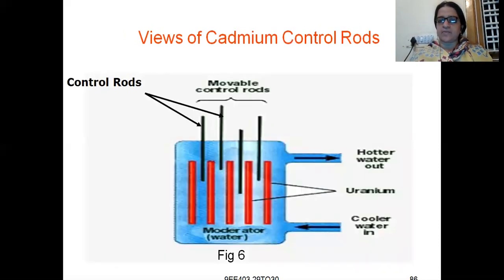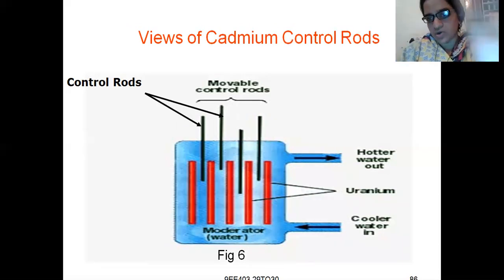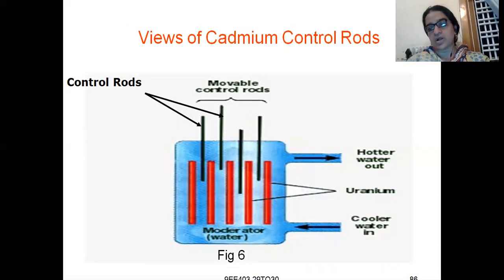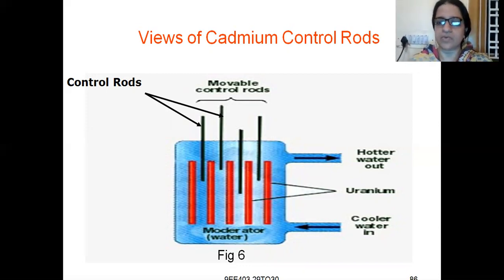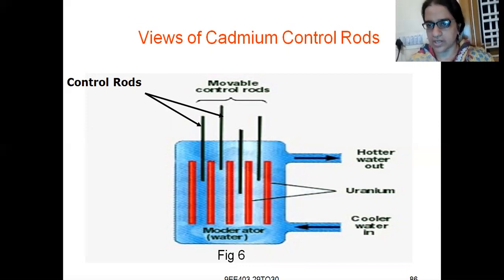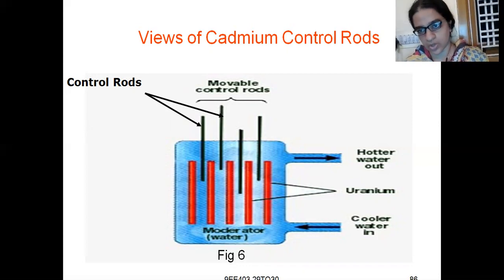This is a view of cadmium control rods. See, I told you that these cadmium control rods will stop the reaction as required. Whenever we want to stop the reaction suddenly, or if we want to slow down the reaction also, they can be helpful.